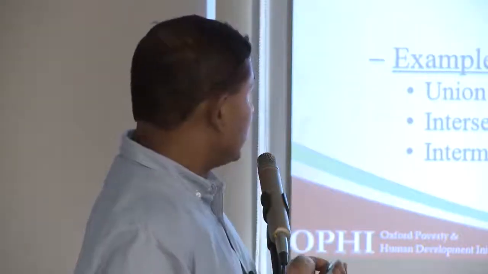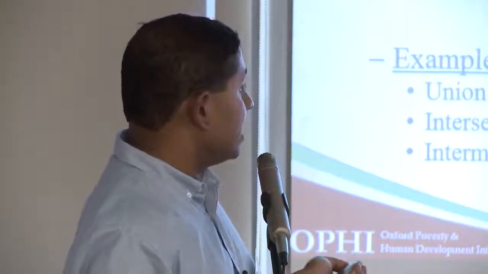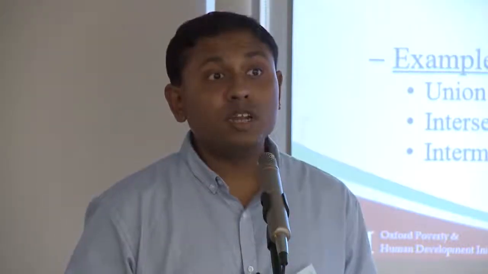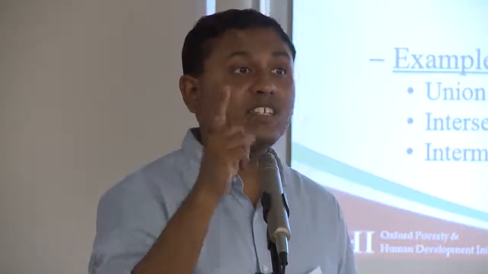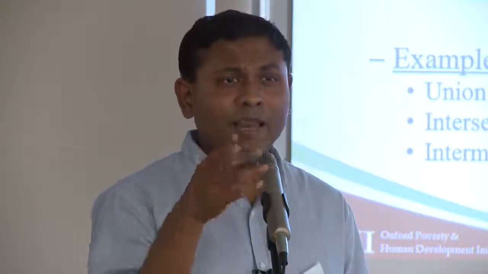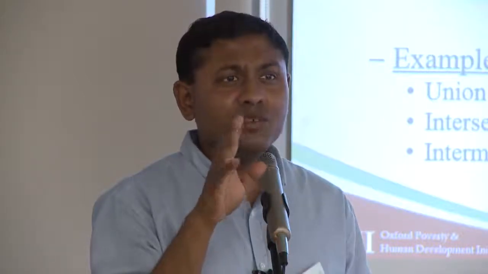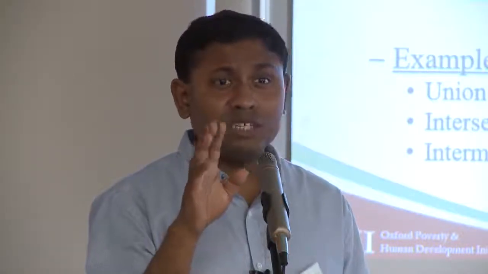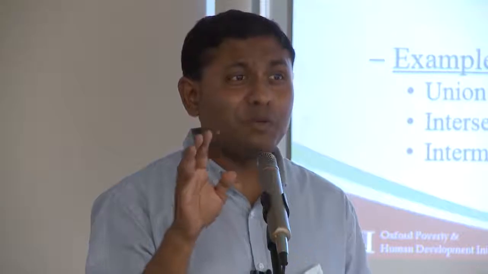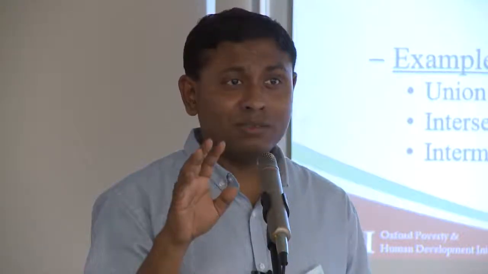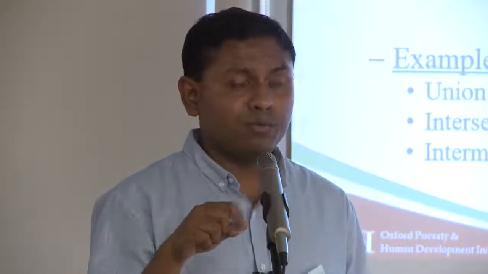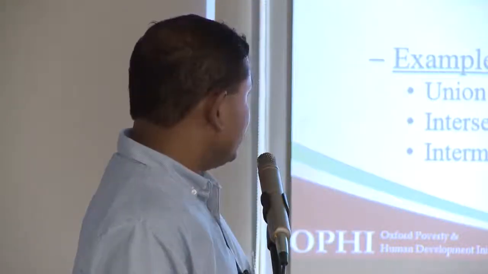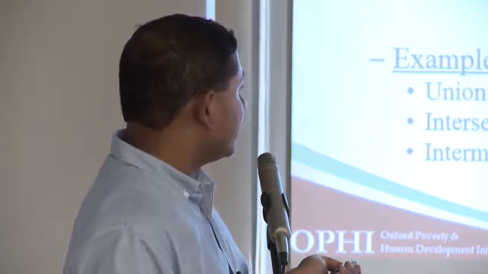Now if you look at the union criterion, a person can be identified as poor if the person is deprived even in at least one dimension. In a sense, in the context of the union criterion, deprivation implies poverty. If you are deprived even in one dimension, you are identified as poor. The other extreme is the intersection criterion.